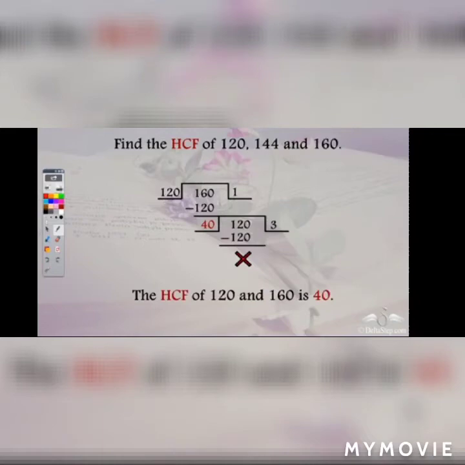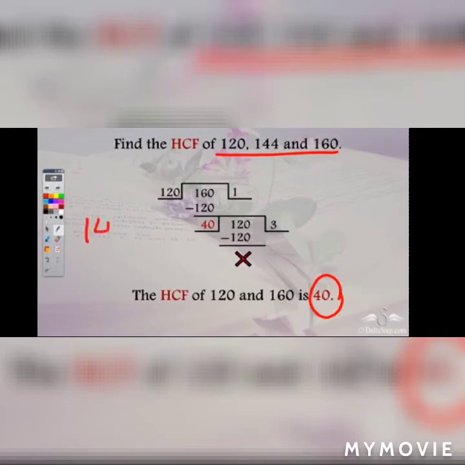But what we need to find is the HCF of these three numbers. We have found the HCF of just two numbers. But what about 144? We can't leave it like that, right? So how do we find the HCF of these three numbers? Well, an important step over here is to take this 40, which is the HCF of these two numbers, and now along with 40, find the HCF of 144.